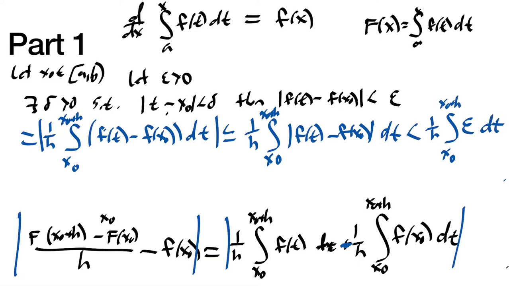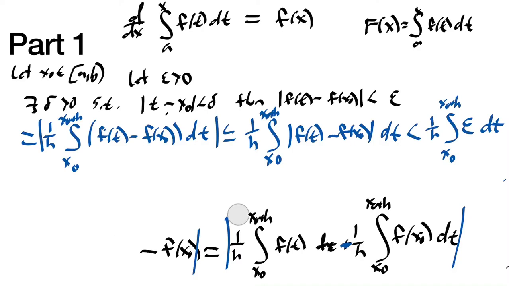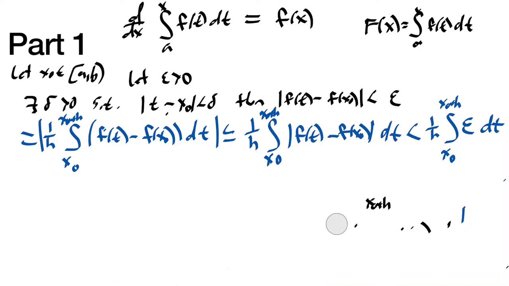So that's less than 1 over h times the integral from x naught to x naught plus h of epsilon dt. But now notice that this thing right here is just epsilon times that same integral that we set up earlier, which is equal to 1. So this equals epsilon.